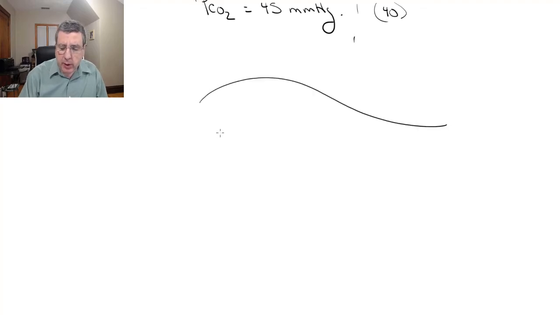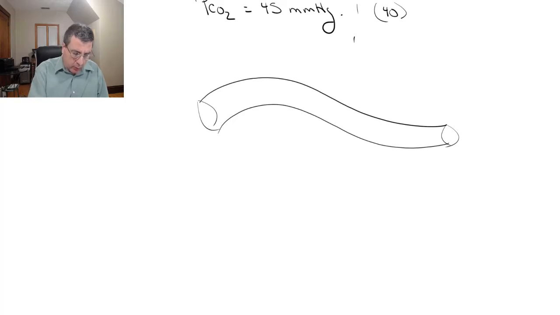Here we've got a blood vessel, and we have a red blood cell in here. Red blood cells carry a lot of oxygen, and as the blood leaves the heart and gets dispersed throughout the body, it goes through a number of capillaries, and as it moves through the capillaries, it's losing oxygen and picking up carbon dioxide.